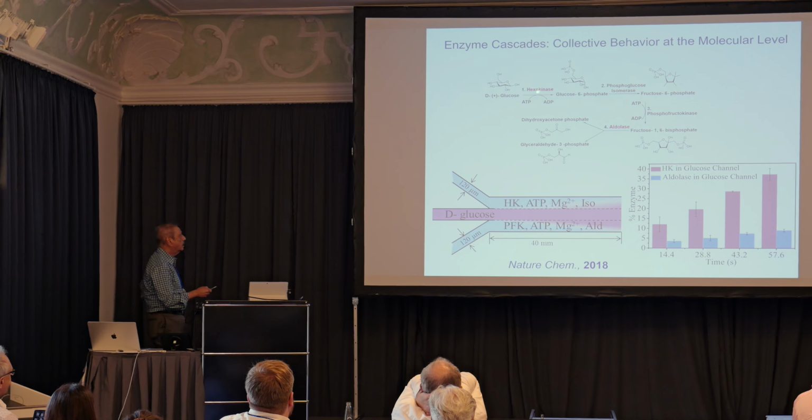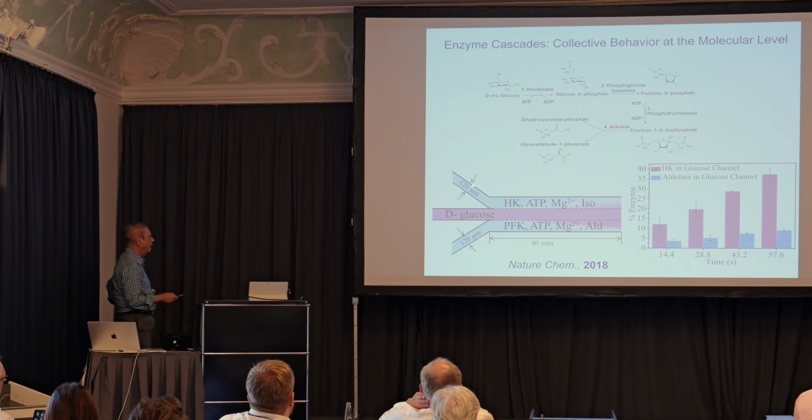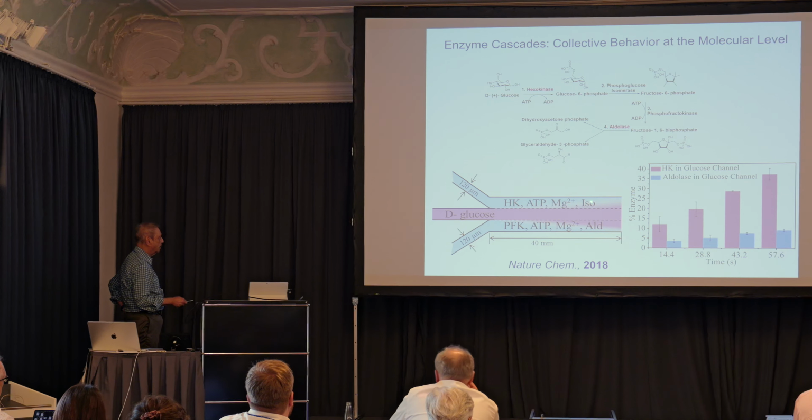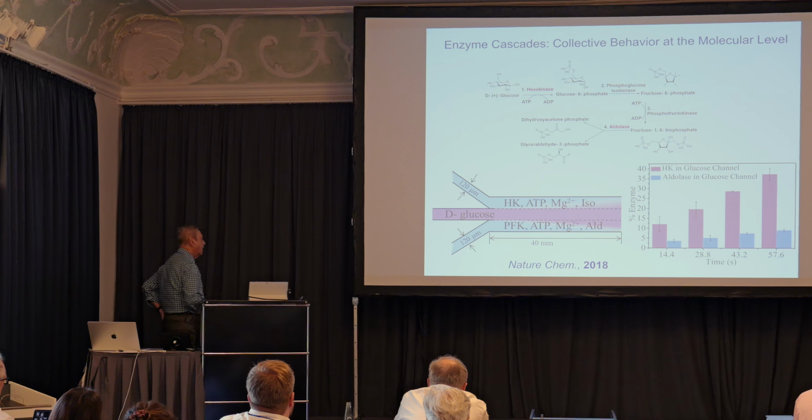And we labeled the first and the fourth enzyme. And we used, again, a microfluidic device where we introduced the first and the second enzyme in one flanking channel, the third and the fourth enzyme in the other flanking channel, and then you pass D-glucose. And now what's going to happen? Well, hexokinase would immediately chemotax because its substrate is D-glucose.